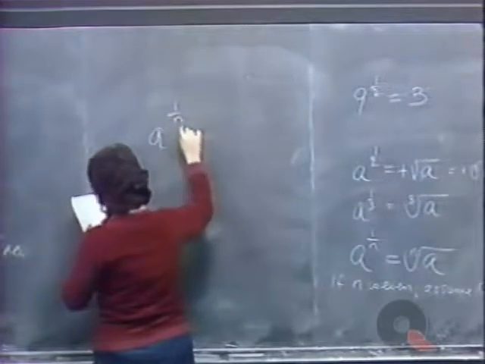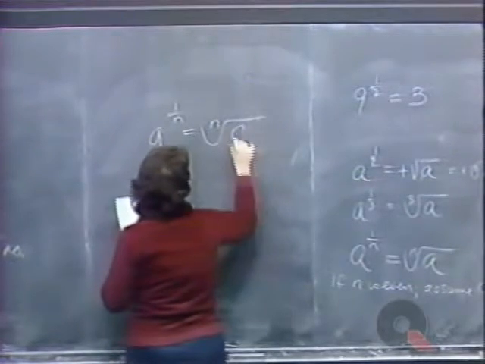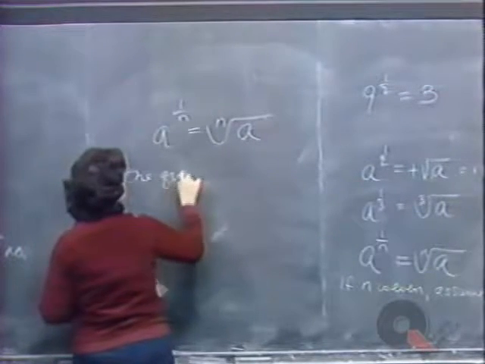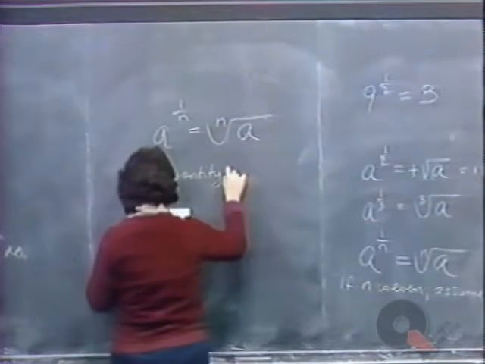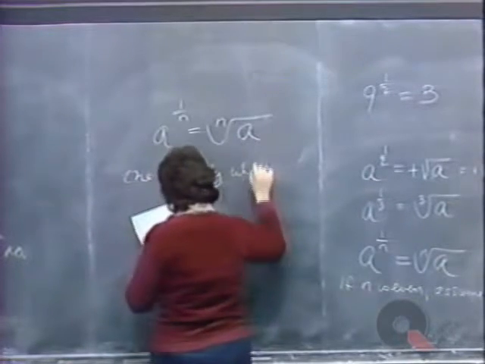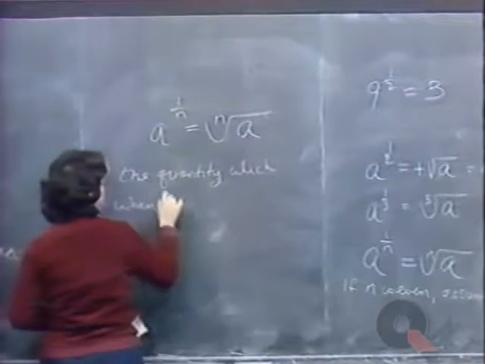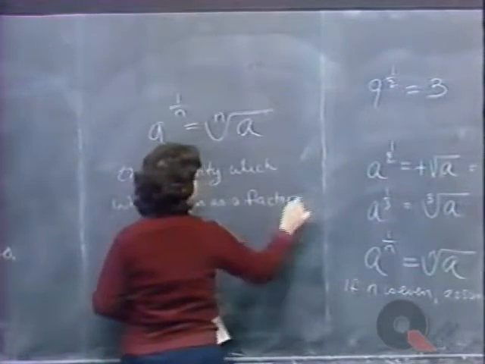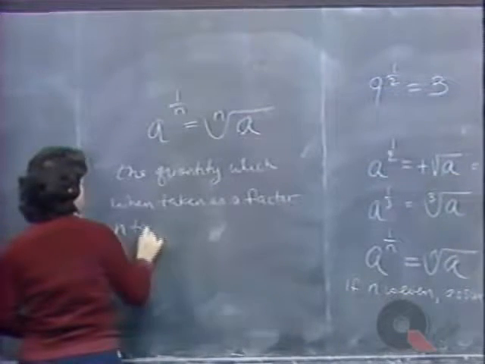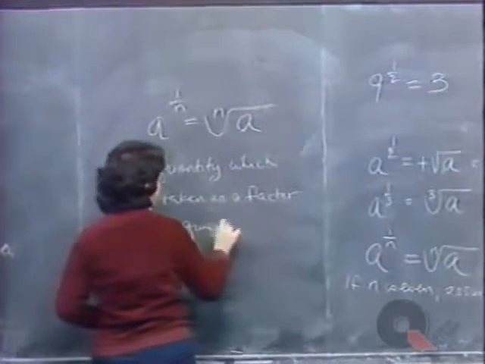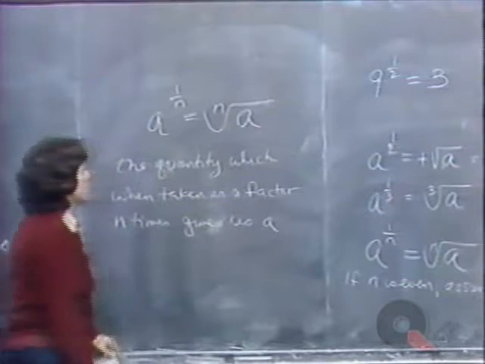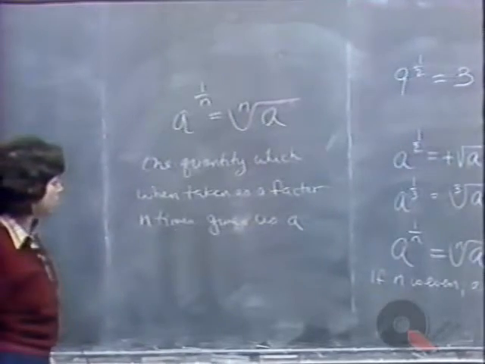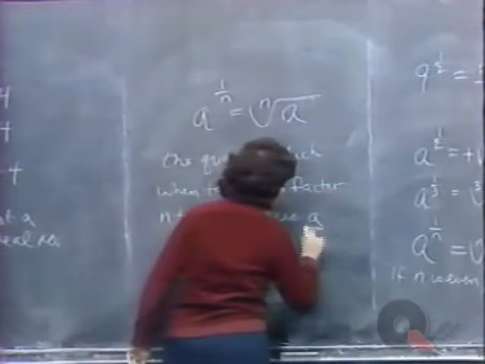A to the 1 over n is the nth root of a. This represents the quantity which, when taken as a factor n times, gives us a. Okay, the quantity which, when taken as a factor n times or multiplied by itself n times, gives us a as a result.